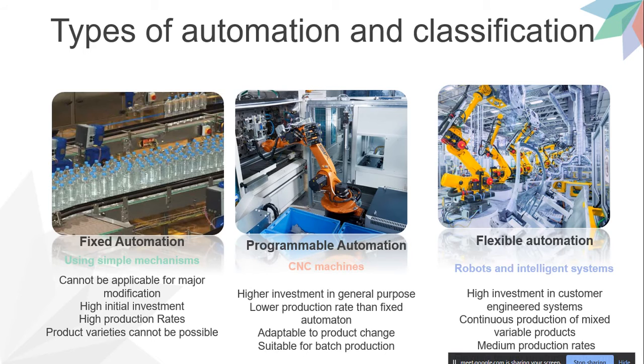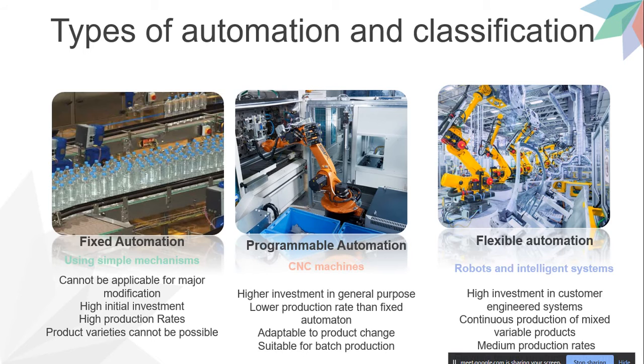It is also suitable for batch production. Batch production is basically you produce 10 apparels in one batch and another 10 apparels in another batch. The material might change, the colors might change, the design might change, but programmable automation is more suitable when you want to work with a market trend.